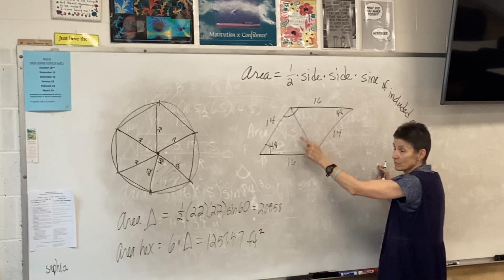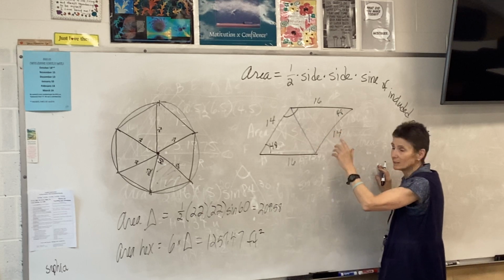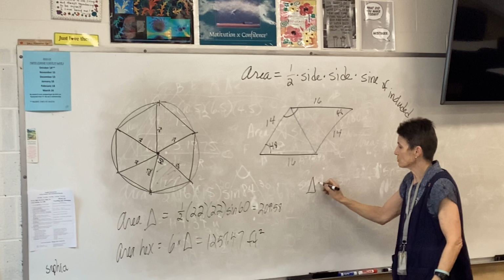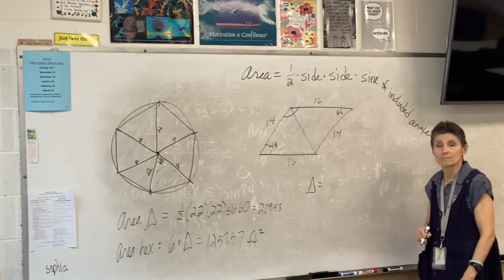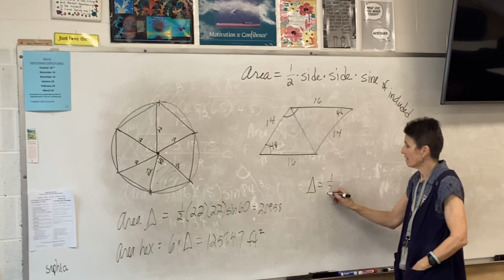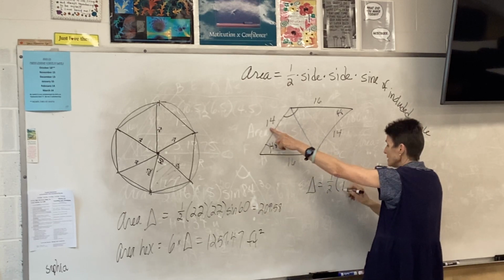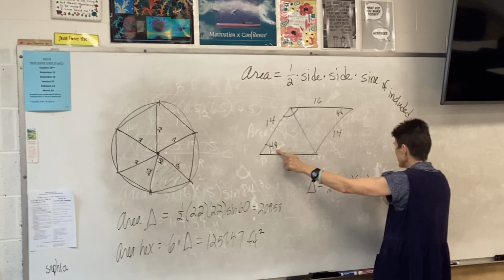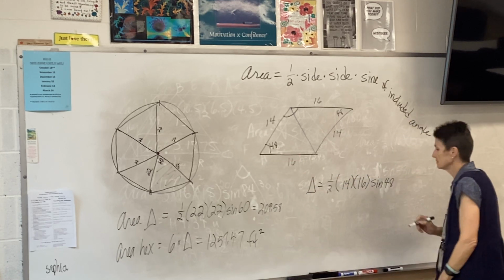These 2 triangles are the same. Yeah, my picture's not too good, but these are the same. So the area of the triangle is 1/2 side times side times sine of included angle.